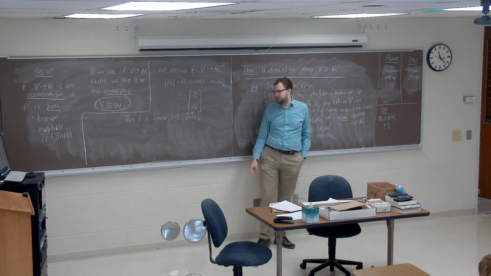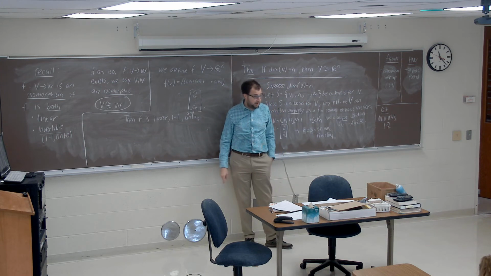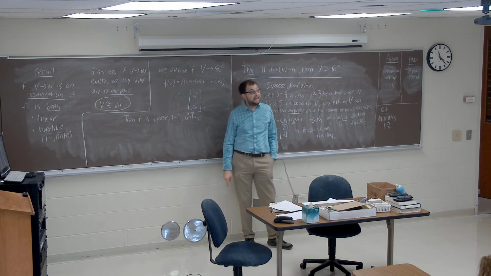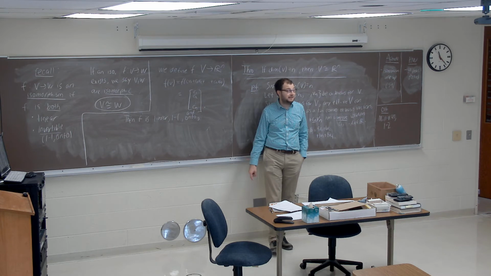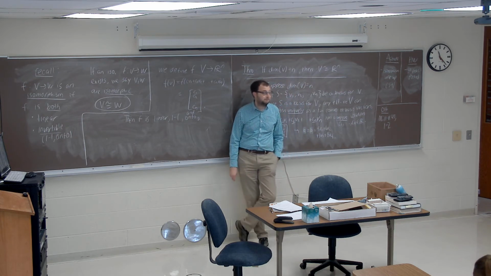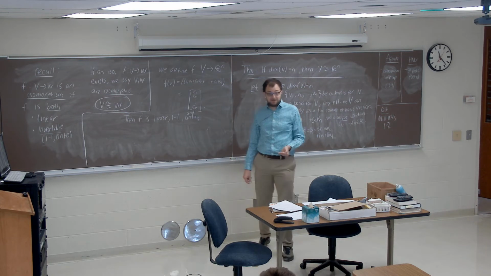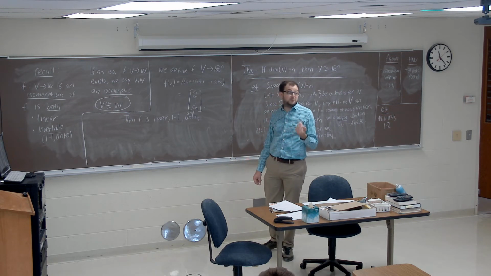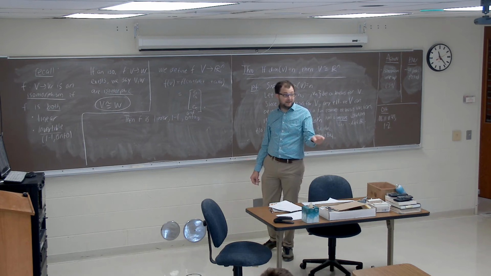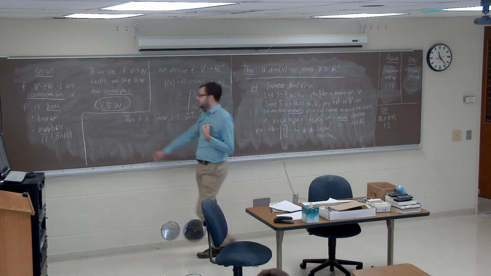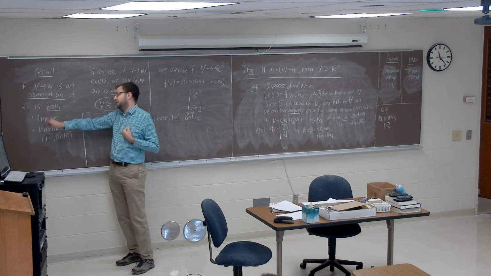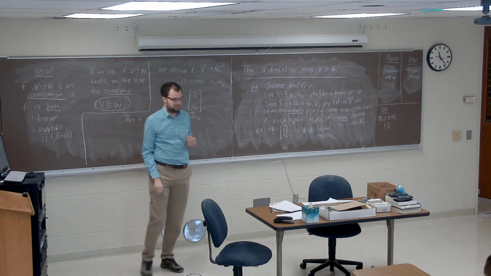So if we know our function f is linear, and it's 1-to-1, and it's onto, what does that tell us about our function f? What do we know about functions that are linear, 1-to-1, and onto? Michael, it's invertible. It's invertible, and more specifically, it's an isomorphism. Yeah, because that was our definition of isomorphism, a function that's linear, 1-to-1, and onto.